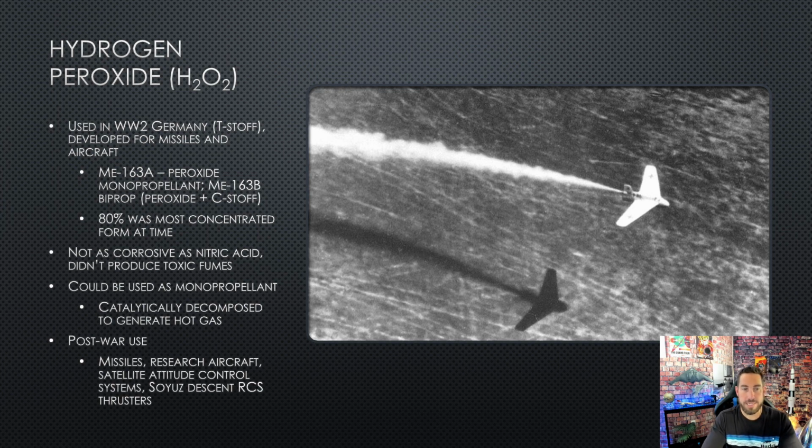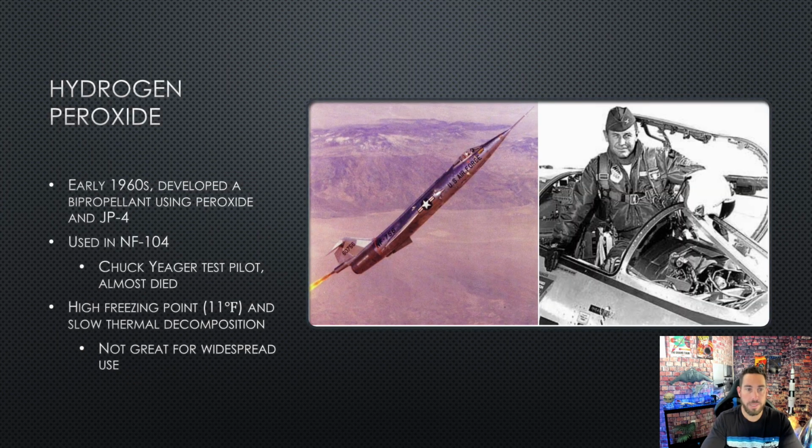It's been used in satellite attitude control systems. It's also still used in the Soyuz, so the Russian Soyuz descent reaction control system thrusters. So when the Soyuz capsule's coming back into the atmosphere, it uses the monopropellant to align it for proper reentry.